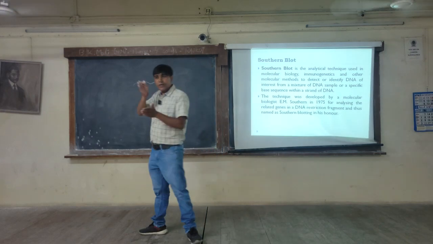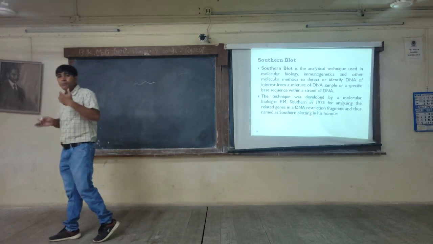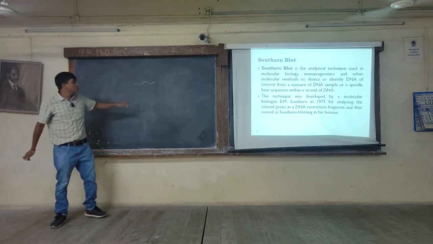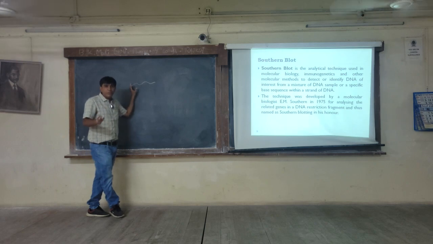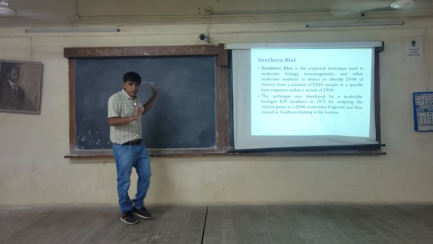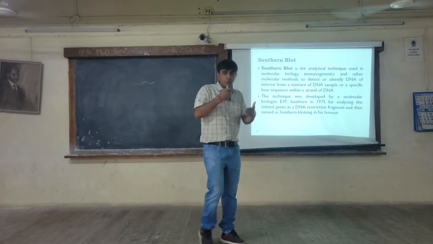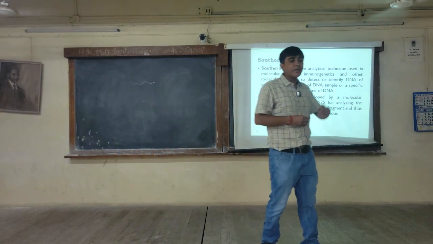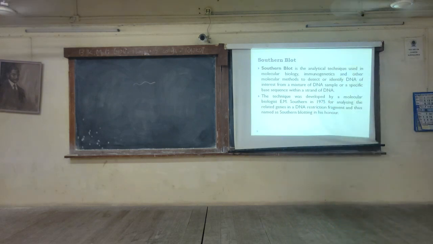So we have a reference DNA structure. If it binds with the reference DNA structure, that shows that this DNA is present. If it doesn't bind, then we are sure that it is not present. We have one fragment which is known to us, and we want to detect the unknown, opposite fragment which can bind with it. So that is the logic, the science behind the blotting technique.